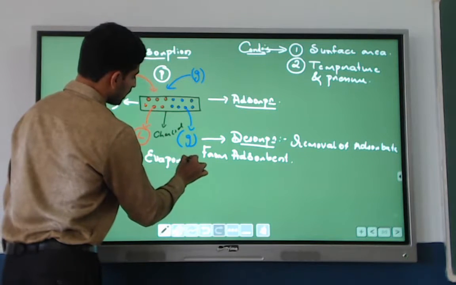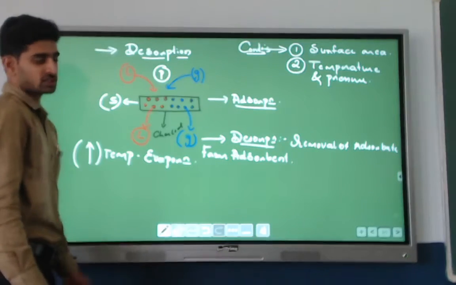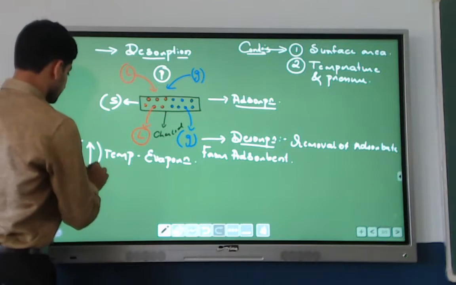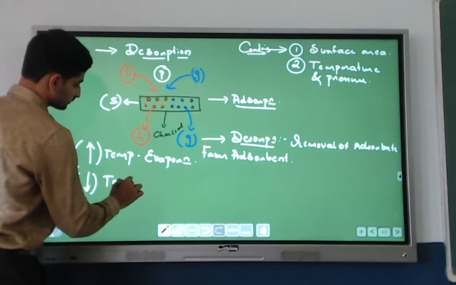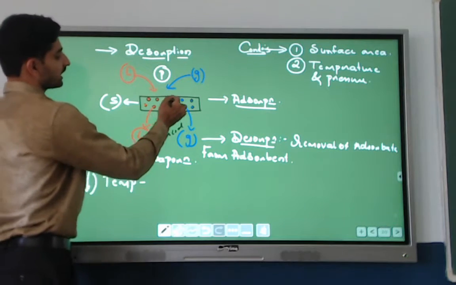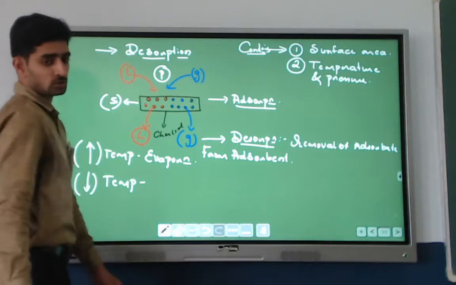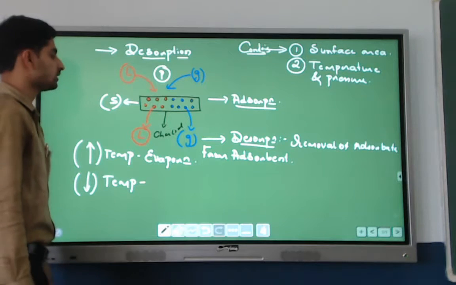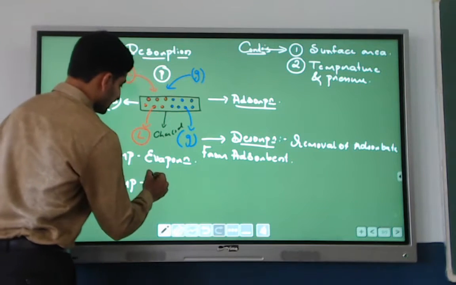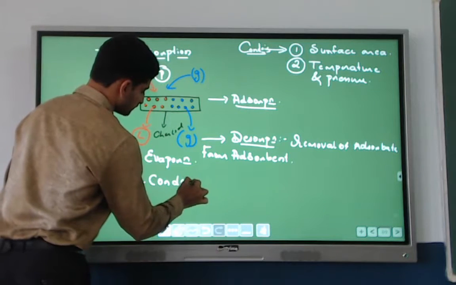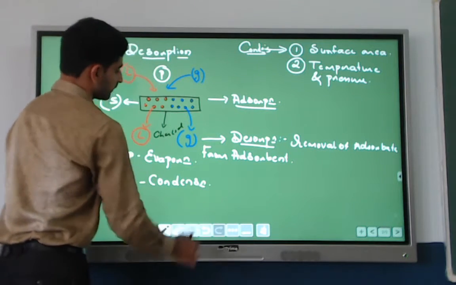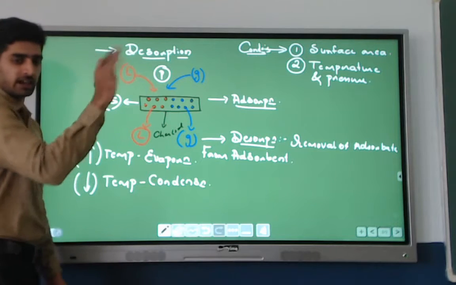They undergo a process called evaporation. If you decrease the temperature, the gas or liquid molecules accumulated on the surface of the charcoal or solid undergo a process called condensation.